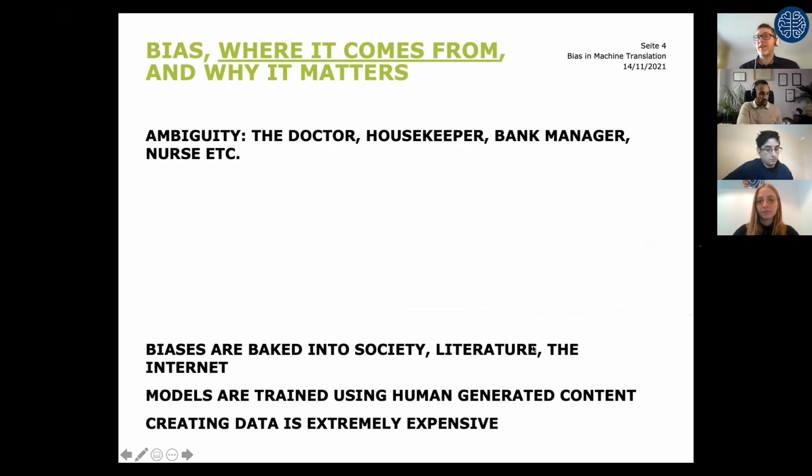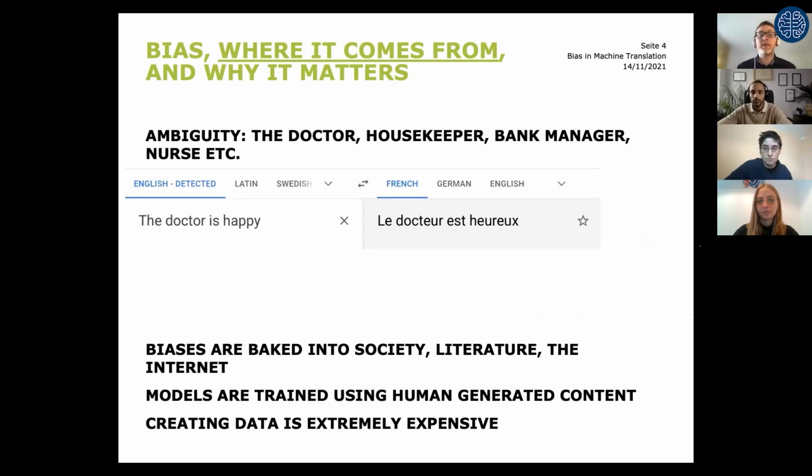And a lot of the reasoning for this bias comes from relatively clear and understandable places. The first one is ambiguity. So the doctor or the housekeeper, the bank manager or whatever, they're not obviously gendered. However, stereotypically, if we go back far enough in terms of society or bits and pieces of literature or the internet as a whole, we tend to see these stereotypes.